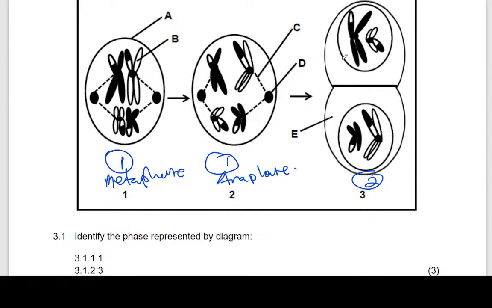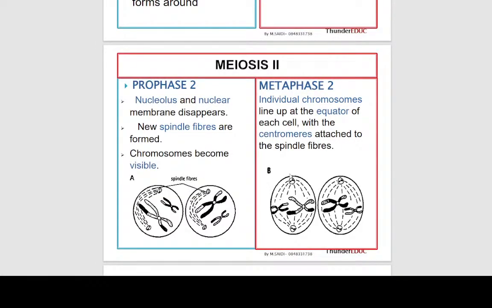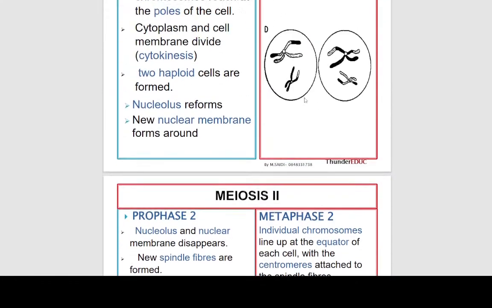We don't have the spindles or centrioles yet. If the centrioles are there, definitely that becomes prophase. That's what I'm saying, that if these would have been there. But in here, we don't have those centrioles yet.